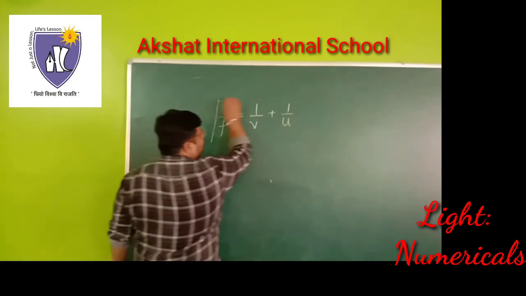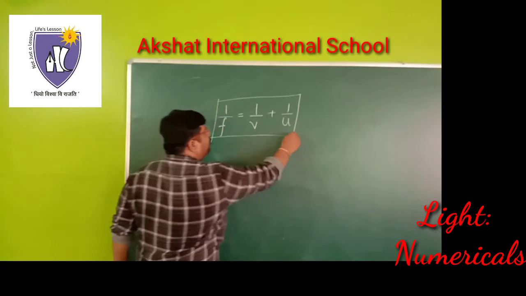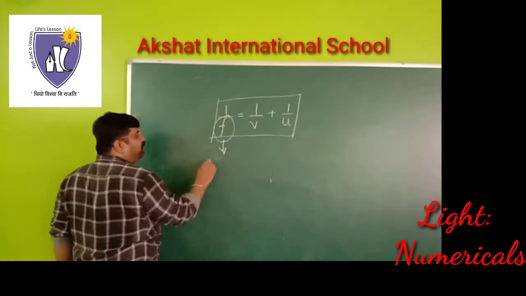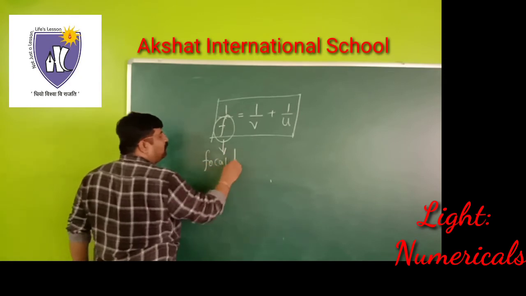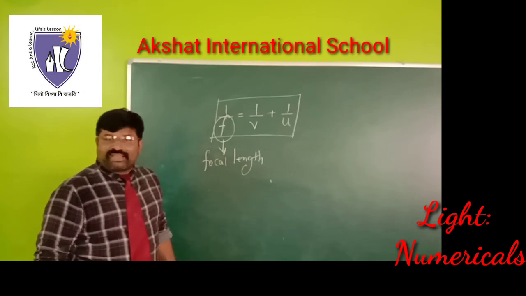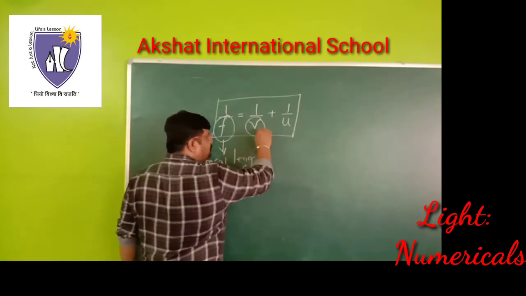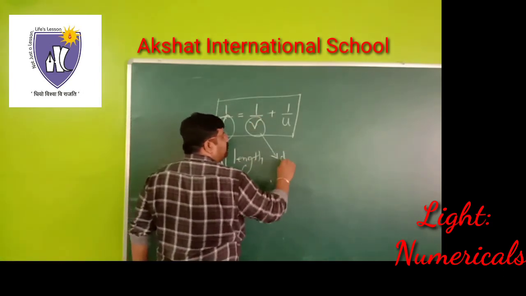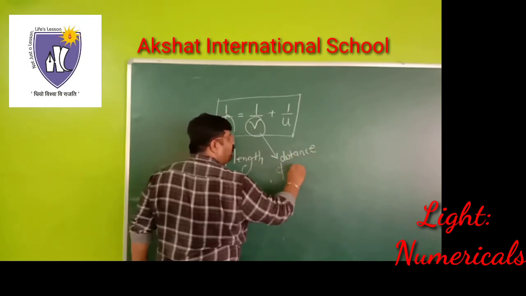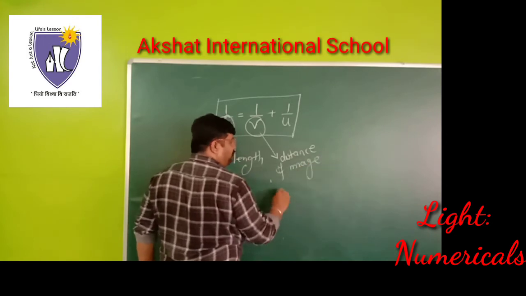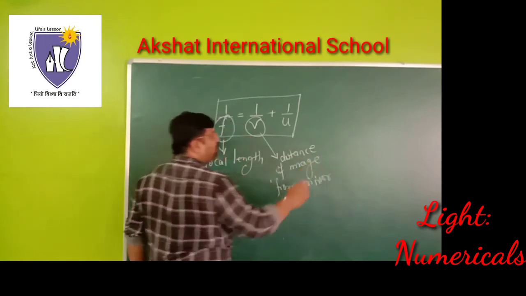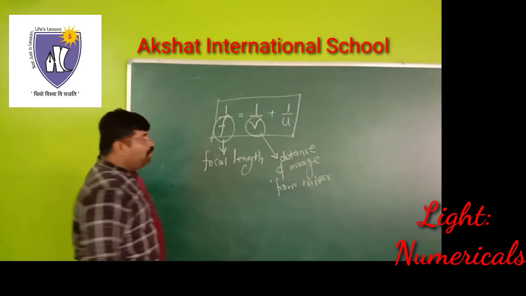Let's see what these symbols mean. I hope you know that f is the focal length of the mirror which we are using. v is the distance of the image from the mirror, or we can say from the pole.